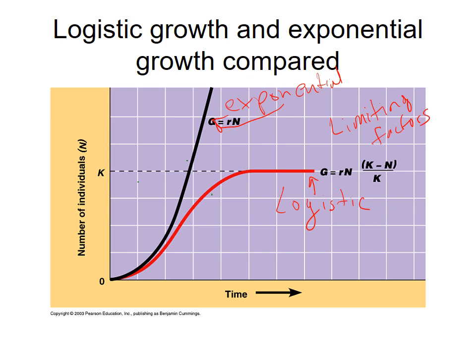There's only so much space, there's only so much water, there's only so much food, there's only so many organisms that can be maintained by the environment. All right, so under ideal conditions, this is what the population does. Under real conditions, this is what happens. For a short period of time, the numbers of individuals do increase on an exponential growth scale, but then begin to level off to a much flatter scale.